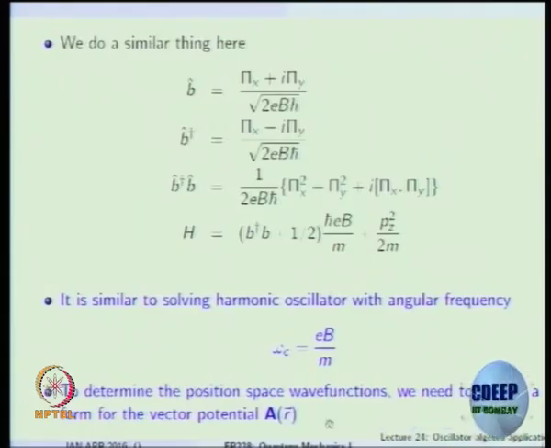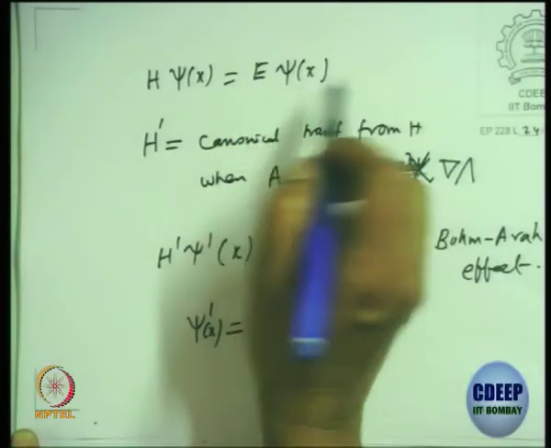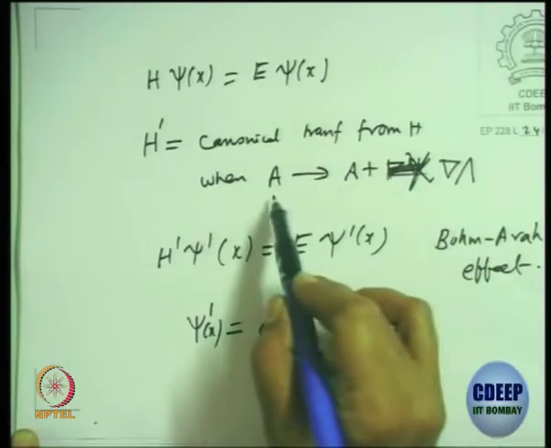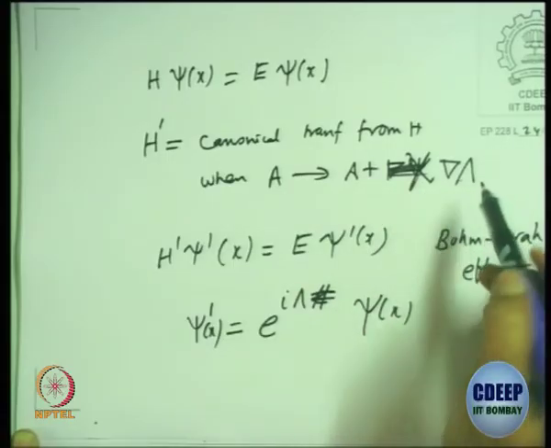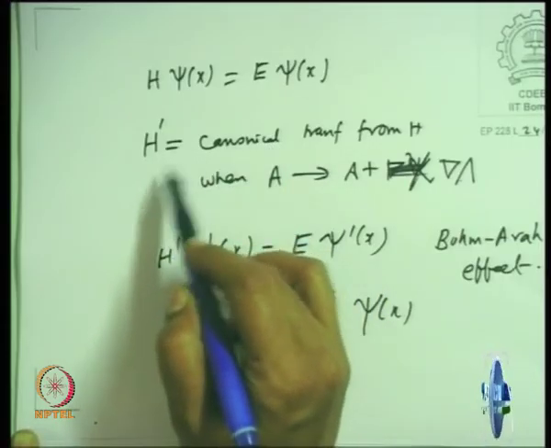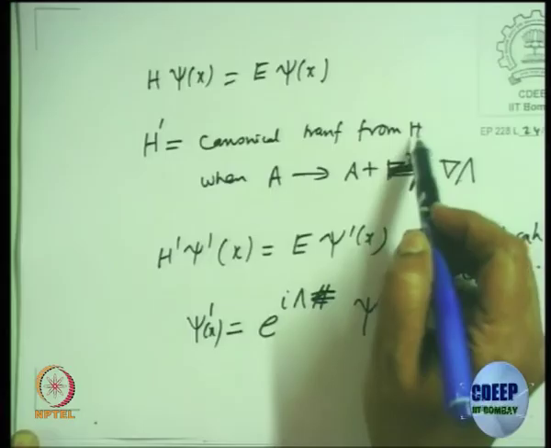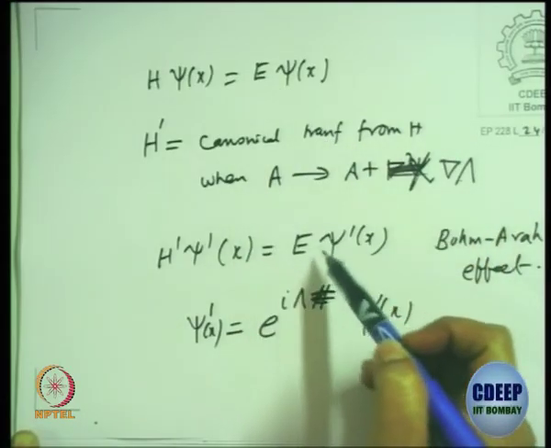Okay, so just for completeness, for the particle in a magnetic field Hamiltonian, suppose we take the wave function, the energy eigenvalue is E. By doing a gauge transformation A to A plus gradient of lambda, you could get a new Hamiltonian, but this Hamiltonian is what we will call a canonical transformation of the original Hamiltonian, because the energy spectrum remains the same.